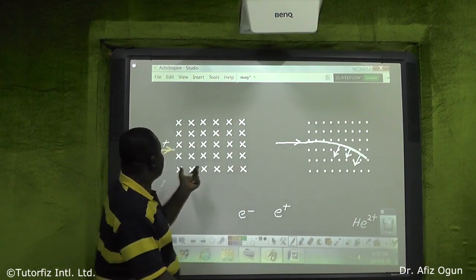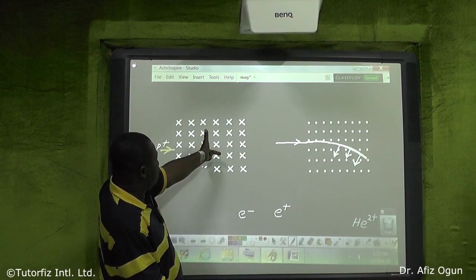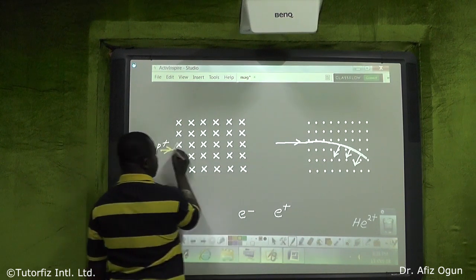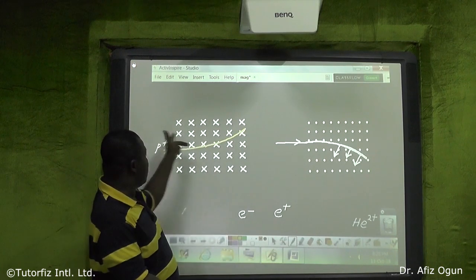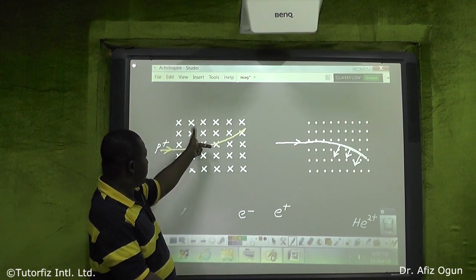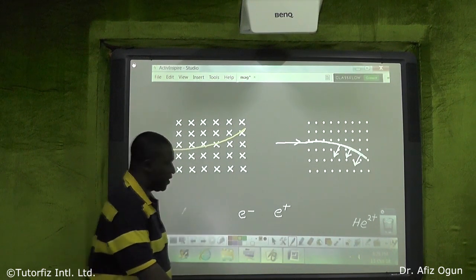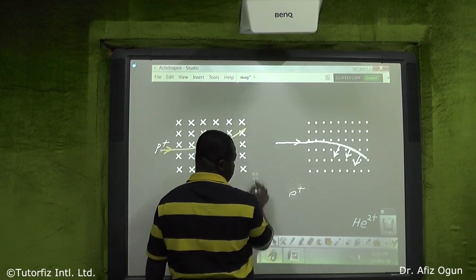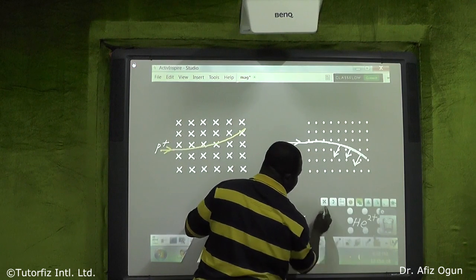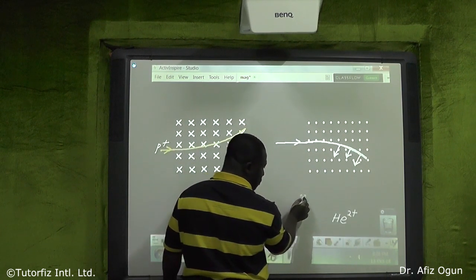And this magnetic field in, current the same direction, so that goes up. Magnetic field in, current in the same direction, this goes up. Don't forget that. A positron will behave like a proton. A helium atom is positive, will behave like a proton.